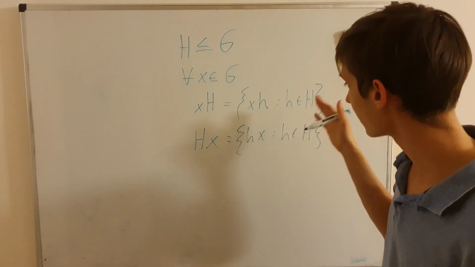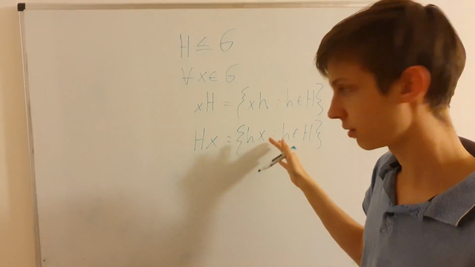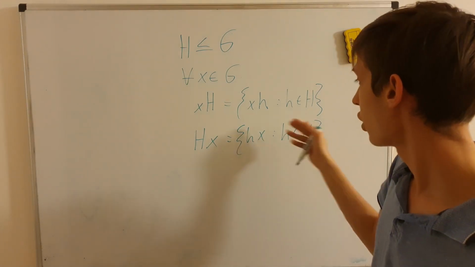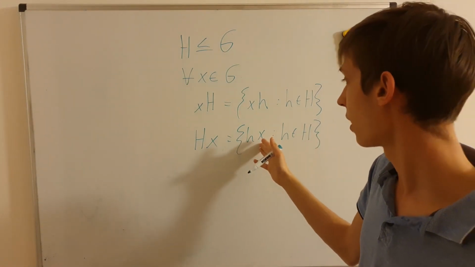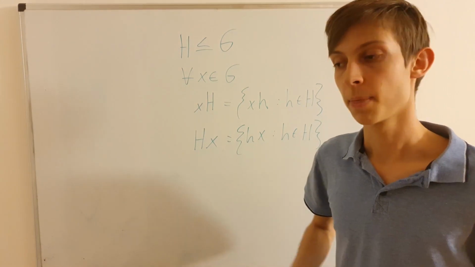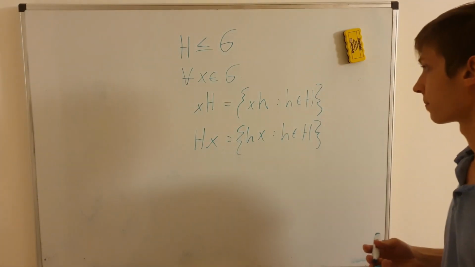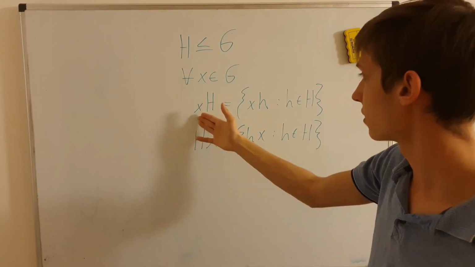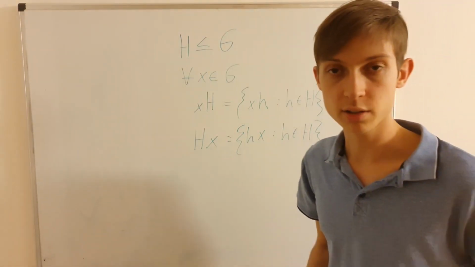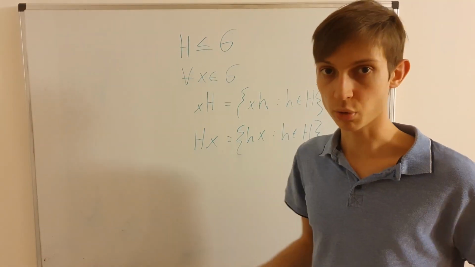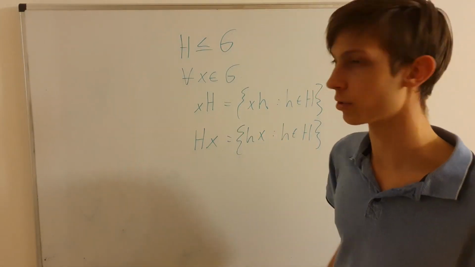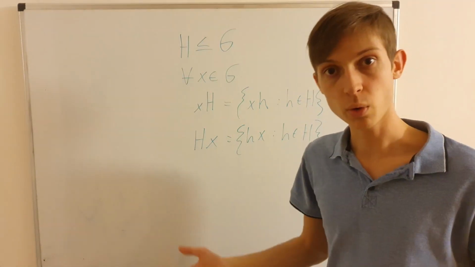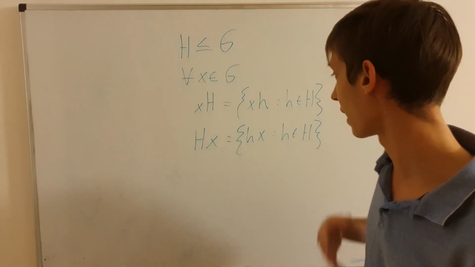So every single element of H will be combined with that particular X that had been chosen from G in that binary operation. Alright, so this is the right coset when X is on the right. In the writing here, this is a left coset. They can have different results based on the operation, based on the groups, but they also often don't have a different result. So very often left and right cosets are equal, but they don't have to be.